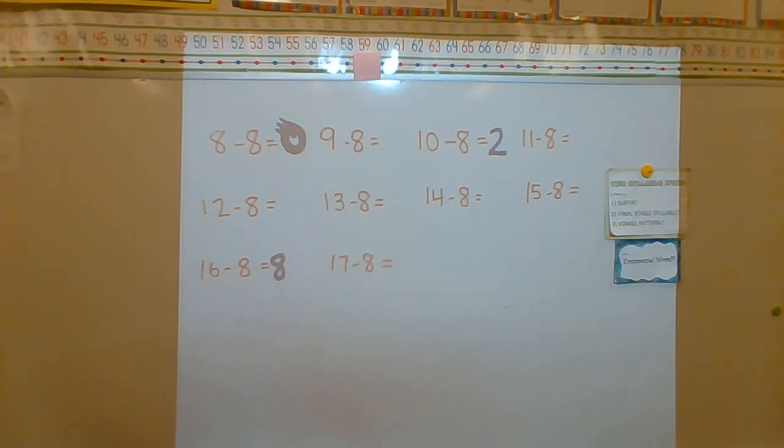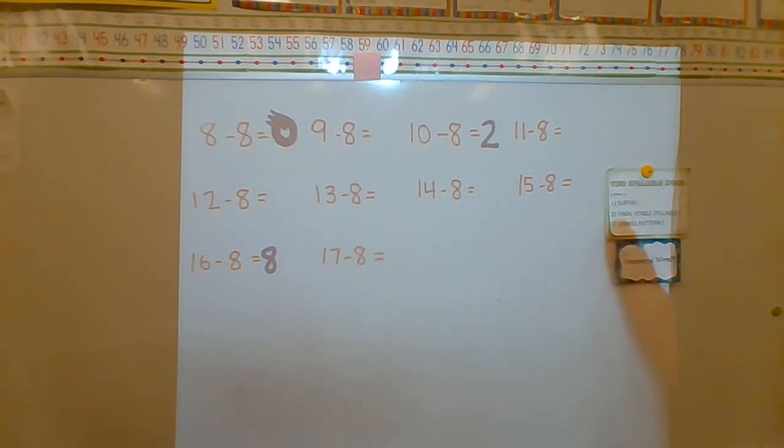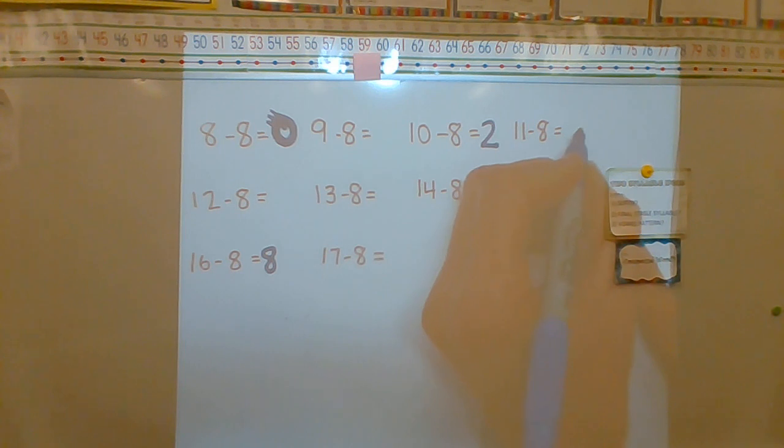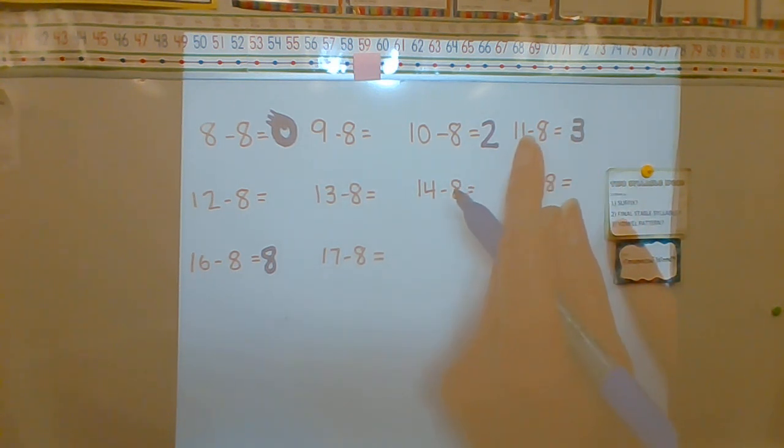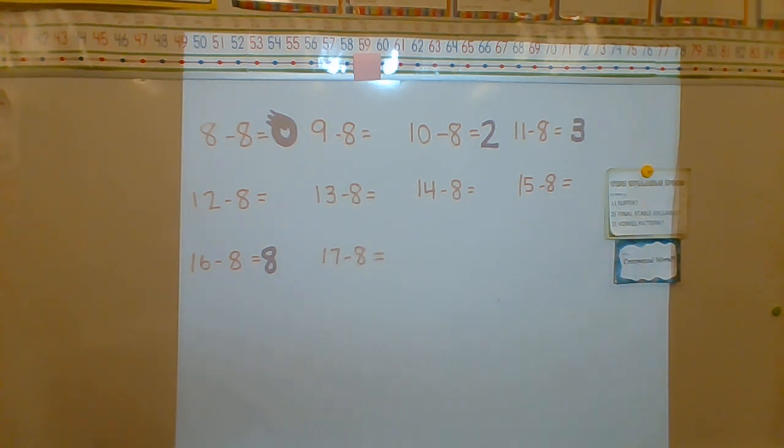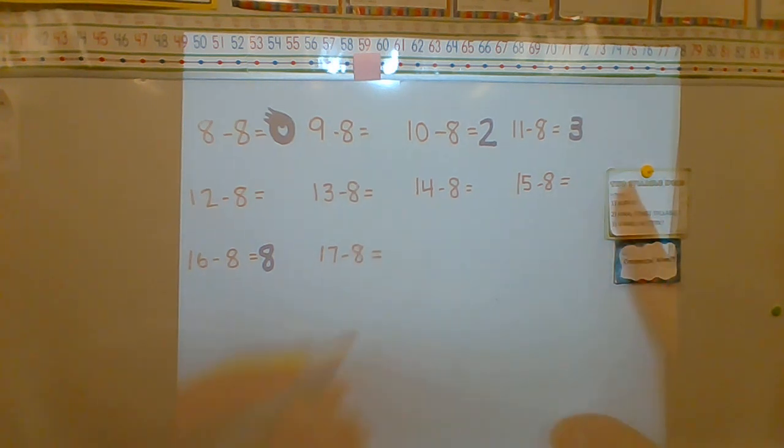Which of these has a difference of 3? That's right. What's different about 11 and 8? 3. Because what's 3 plus 8? 11. Which of these has a difference of 9? It's the biggest one of all. That's right. 17 minus 8 equals 9, because 9 plus 8 is 17.